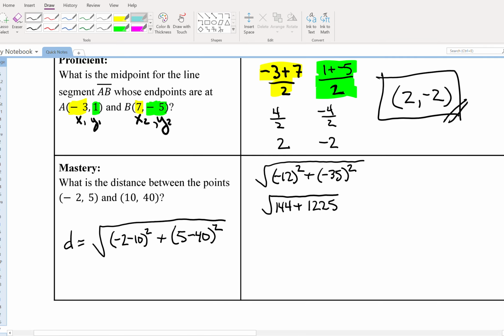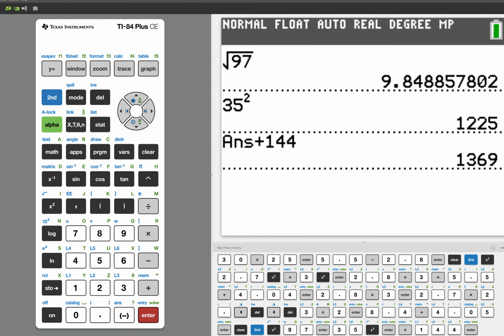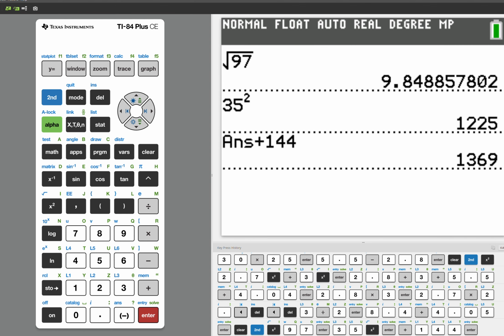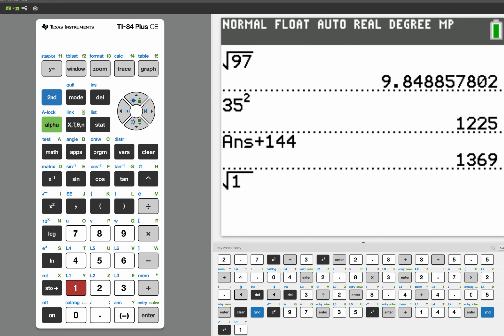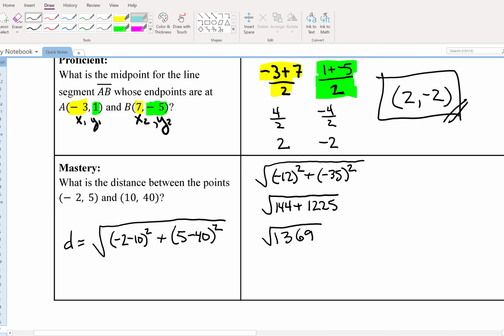If I add those two together, then I get 1,369. And the square root of 1,369 is 37. So the distance between those 2 points would be 37 units.